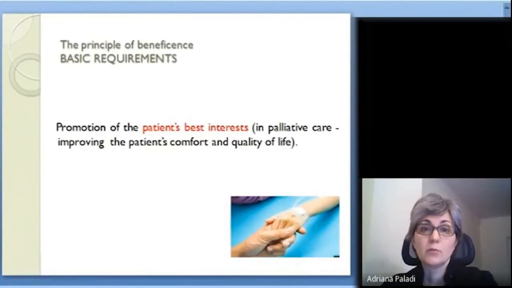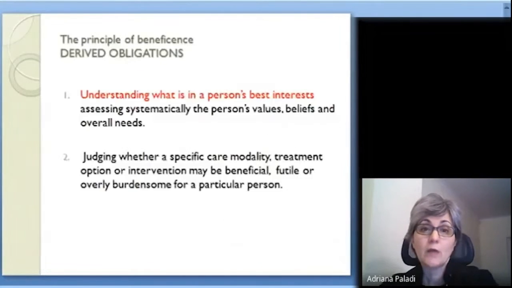The second principle is the principle of beneficence, and this principle requires promotion of the patient's best interest. In palliative care, the patient's best interest is improving the patient's comfort and quality of life. And there are two derived obligations from this principle. The first one is to understand what is in the patient's best interest, assessing systematically the person's values, beliefs, and overall being.